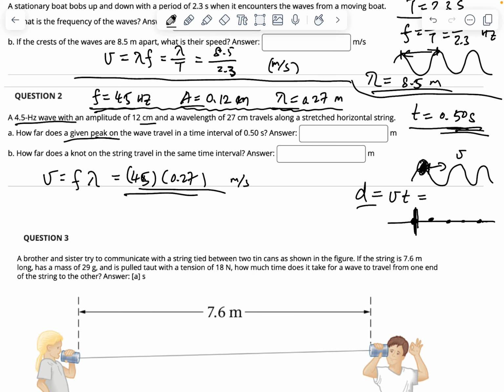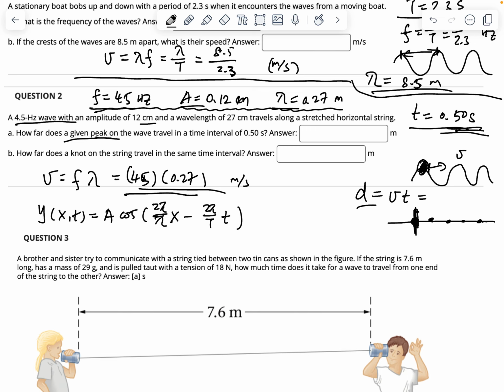The direct way is you have to write out the wave function. So we know the wave function is y(x,t) equals A cosine of (2 pi over lambda x minus 2 pi f t). Okay, so here's what we have, and it asks you about the knot.